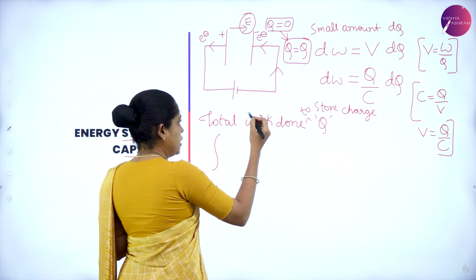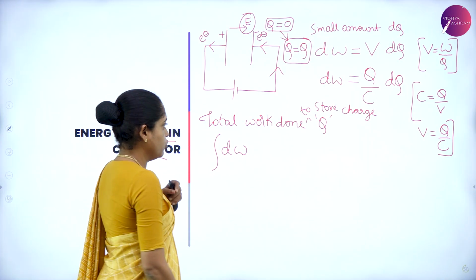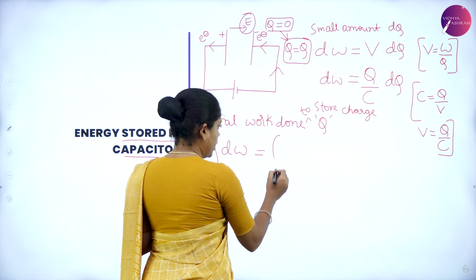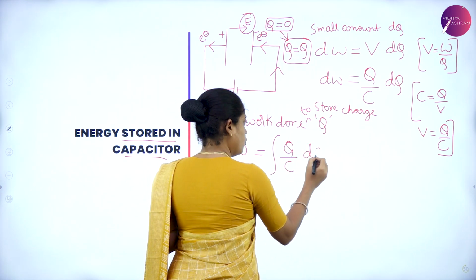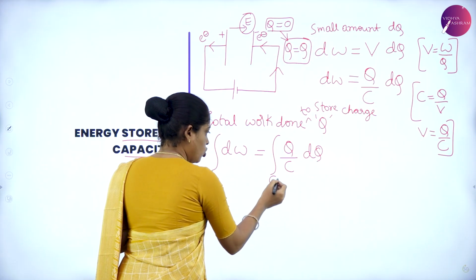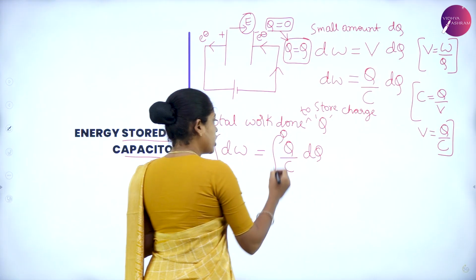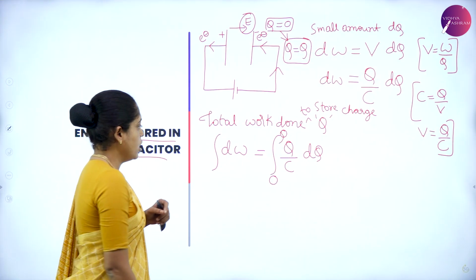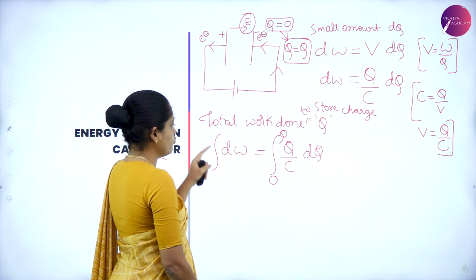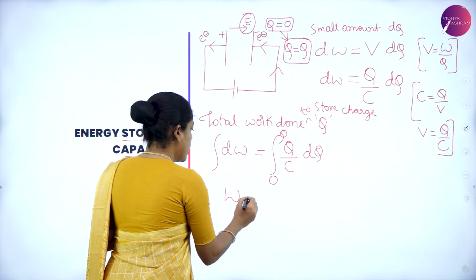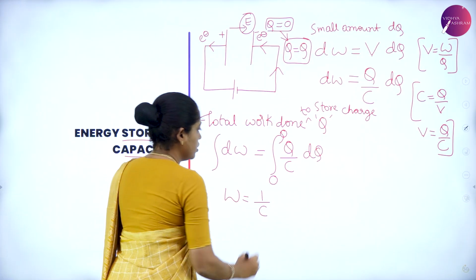We have to integrate the small work done dW, which is equal to the integration of Q by C dQ from 0, that is the uncharged capacitor, to the charge on the capacitor Q. Those are the limits of this integration. Yes, integration of dW is W, and in this the capacitance is constant.